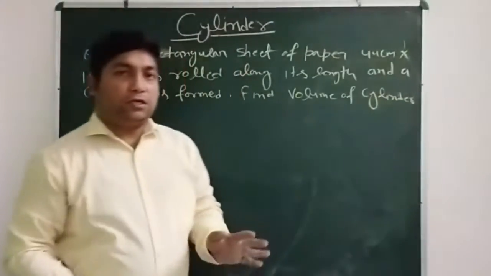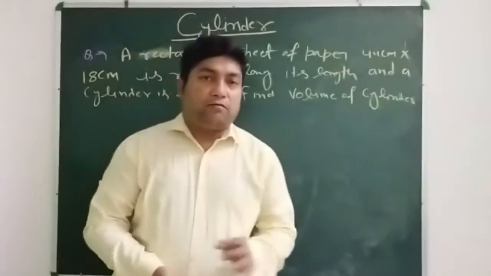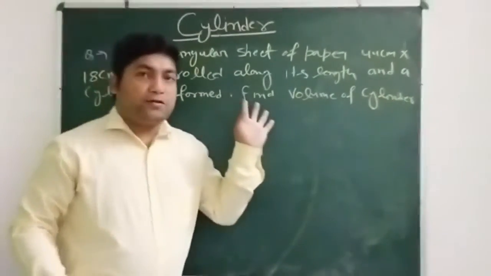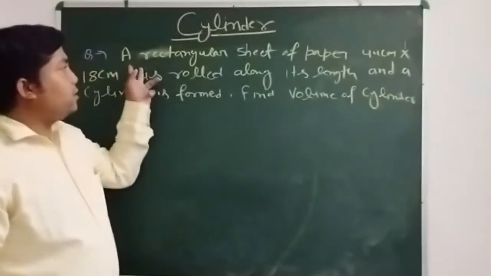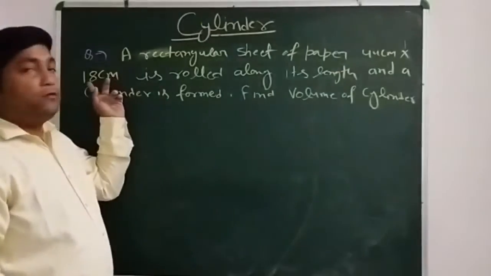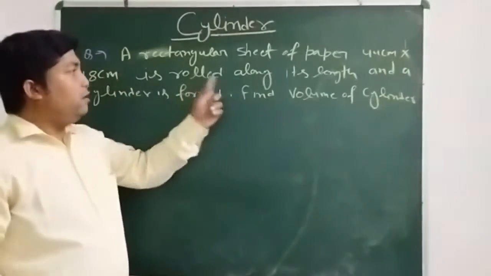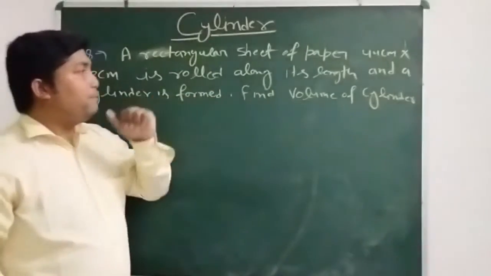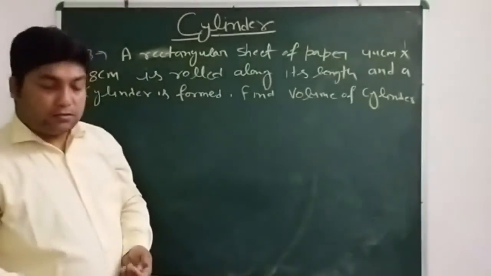Okay, one question on the formula of the volume of the cylinder. In your screen it is given that a rectangular sheet of paper 44 centimeter into 18 centimeter is rolled along its length and a cylinder is formed; find the volume of the cylinder.